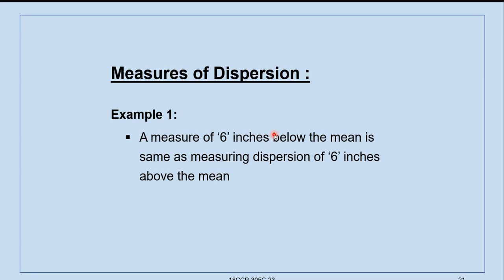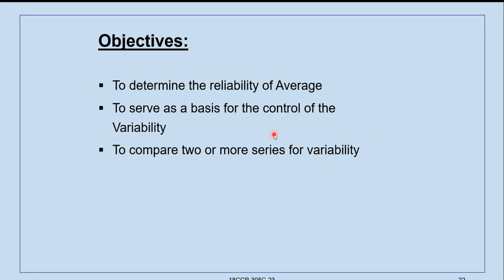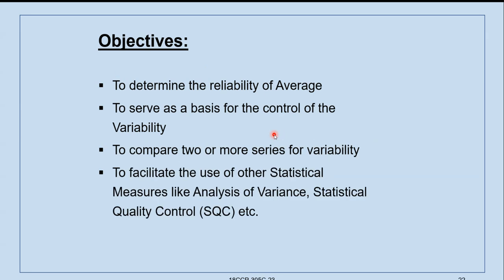For example, a measure of 6 inches below the mean is the same as a dispersion of 6 inches above the mean. If the difference above and below is the same, the dispersion will also be the same, though one is negative and one is positive. The objective of these measures of dispersion is to determine the reliability of the average.